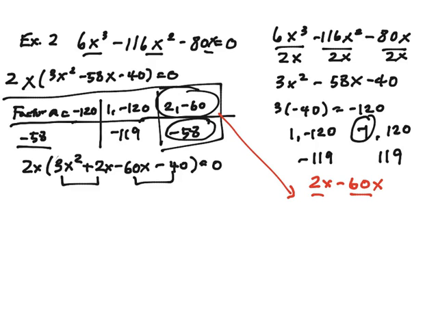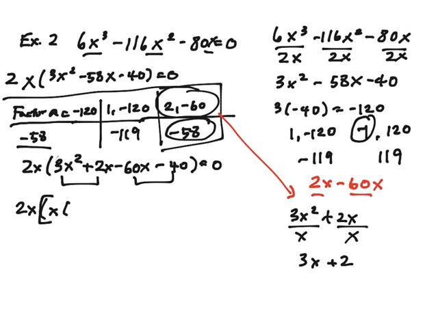Now let's go ahead and group. We have 3x squared plus 2x. What's the common factor? x. When we factor out an x from 3x squared plus 2x, divide both of the terms by x, we end up with 3x plus 2. Now I'm going to factor out my greatest common factor between negative 60x and negative 40.